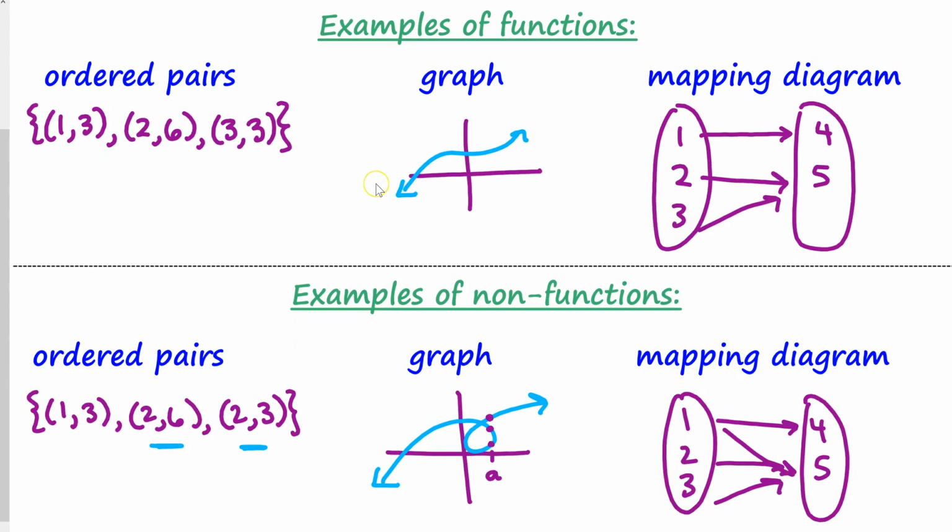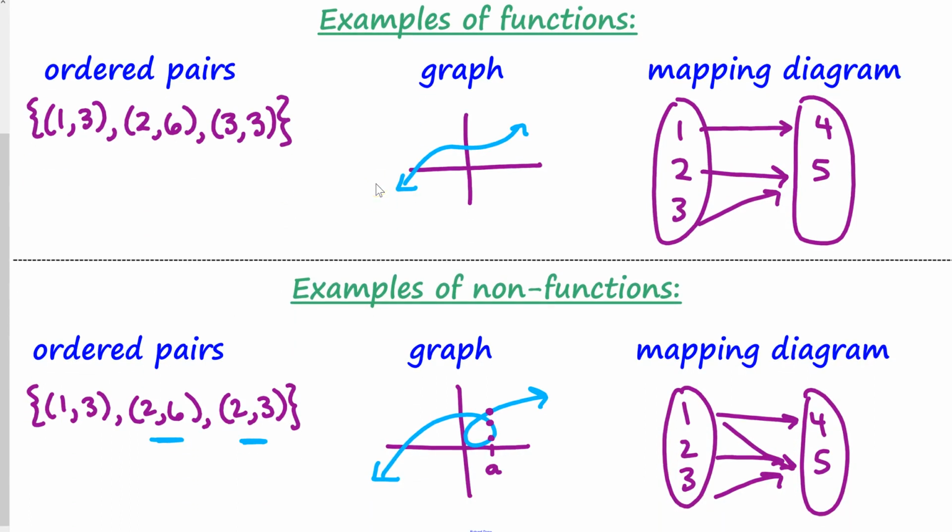So if you have multiple points with the same x-coordinate as we see down here, then that means if you draw a vertical line through the function, it passes through more than one point there. I should say through the graph.